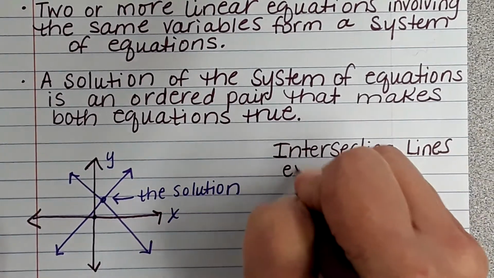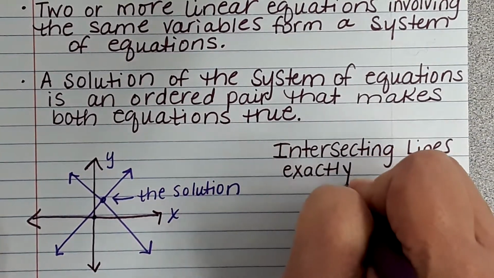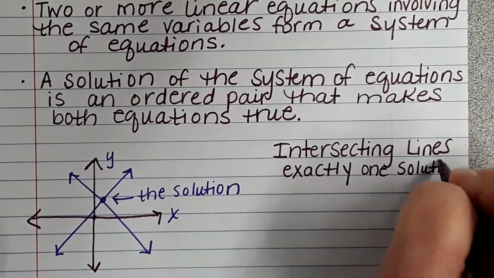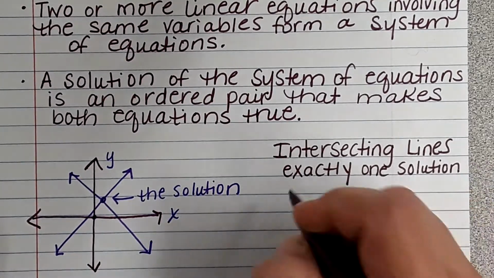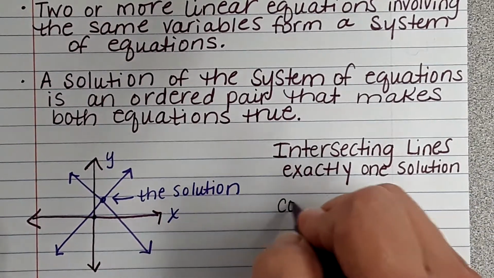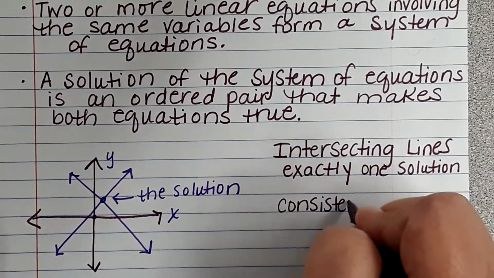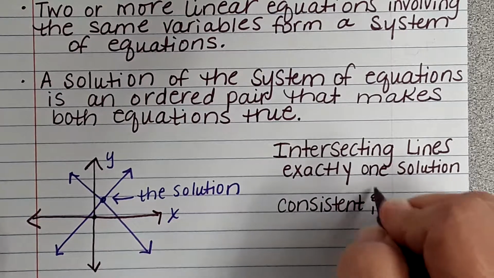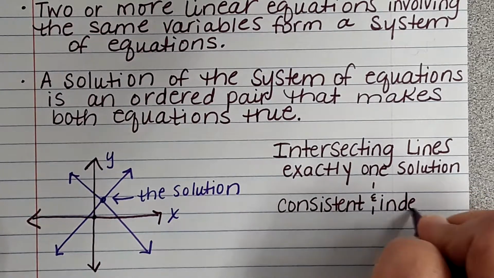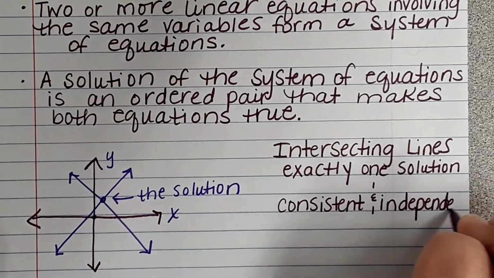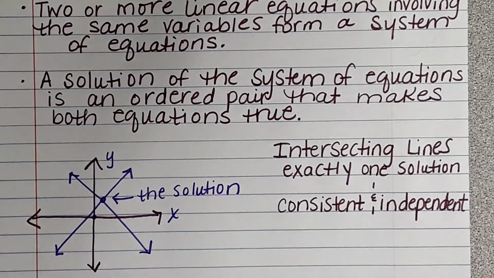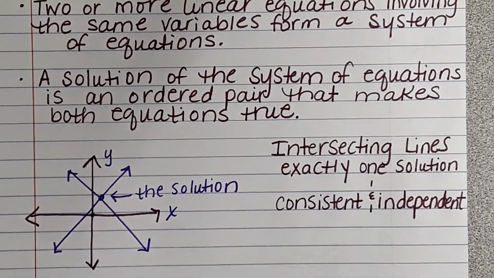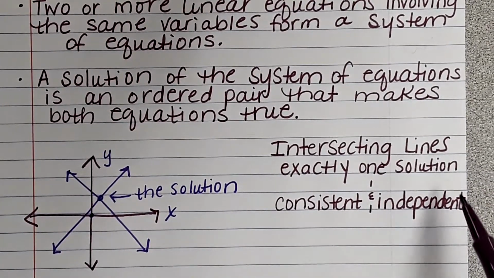They have exactly 1 solution, and we call them consistent and independent. So again, intersecting lines, exactly 1 solution.